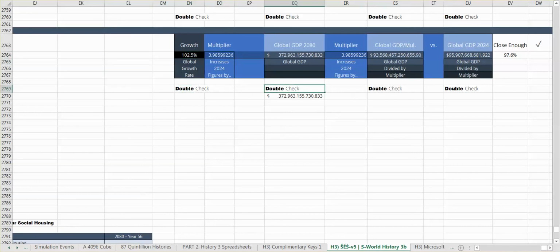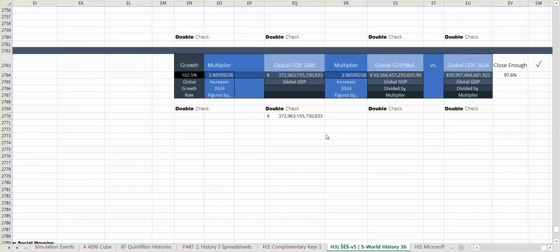In fact, hold on. Okay, I got it. What we're doing here is looking at the global GDP in 2024. We're multiplying GDP in 20... hold up. Okay, I've had a look at this. I think I've labeled it wrongly. This should be GDP. Well, this is GDP without the multiplier.